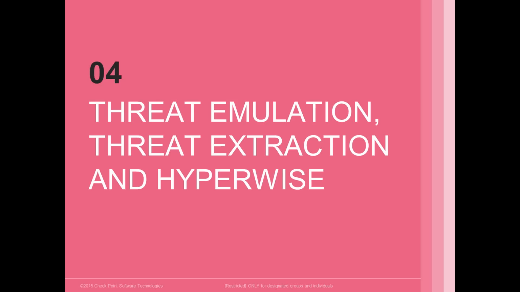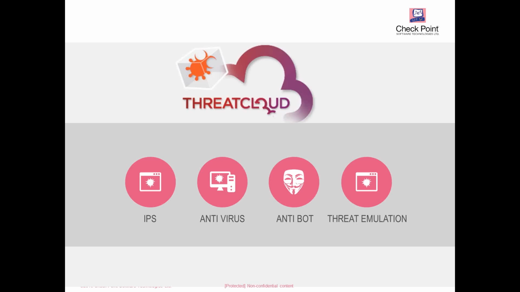So now on to threat emulation, threat extraction, and hyperwise. One thing I'd like to say is, think of all of these technologies, and you'll see this in the summary, as threat emulation. They are all special features, special tools that are either here now or coming shortly, that give you the ability to understand what's happening in the network.